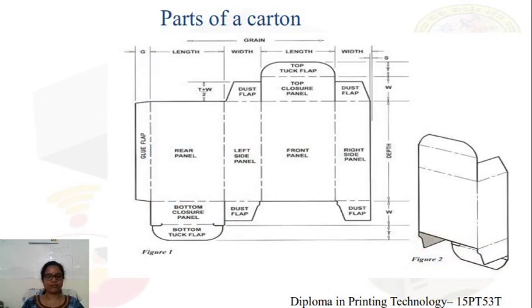Here we get to learn the parts of a carton. The parts of the carton are very much interrelated to each other, wherein each part is named or given a nomenclature for the panels.